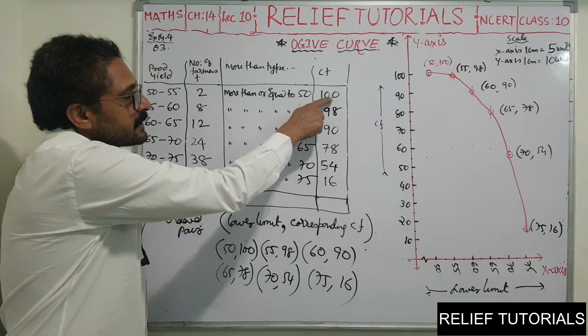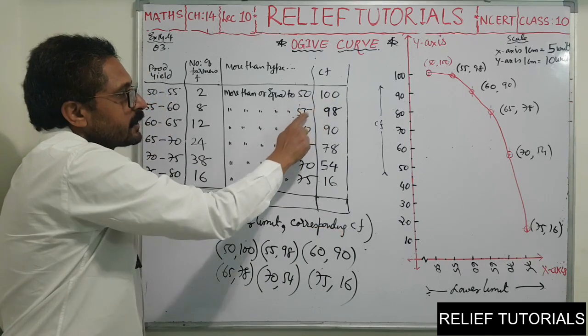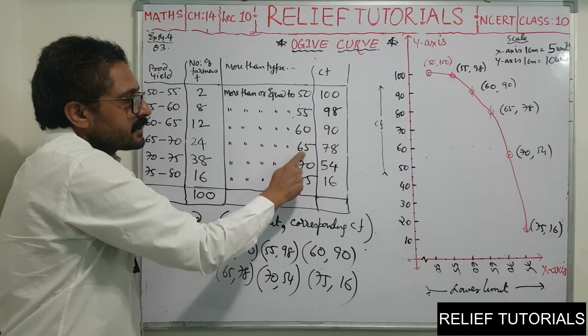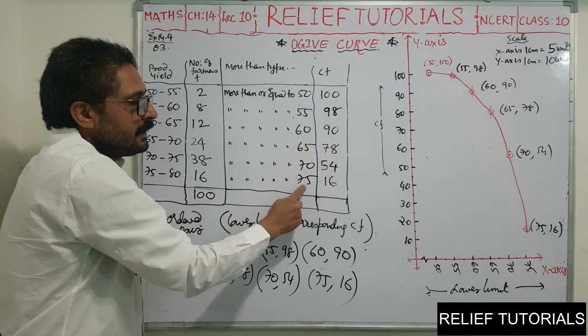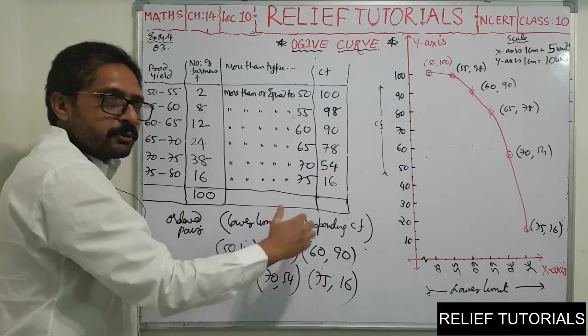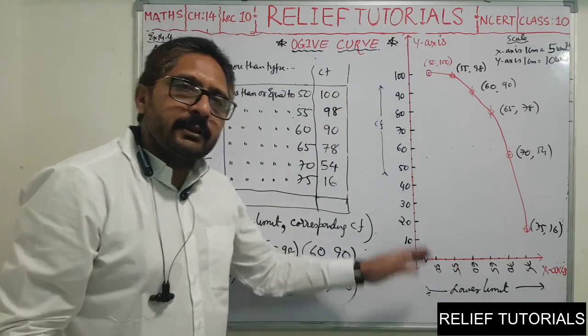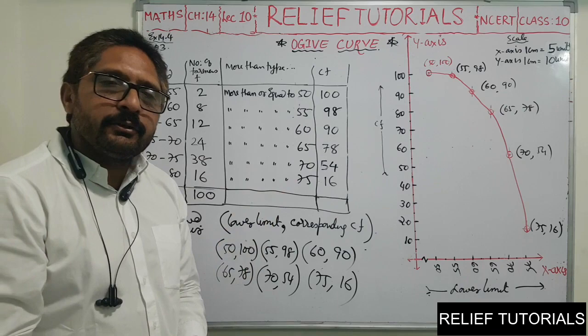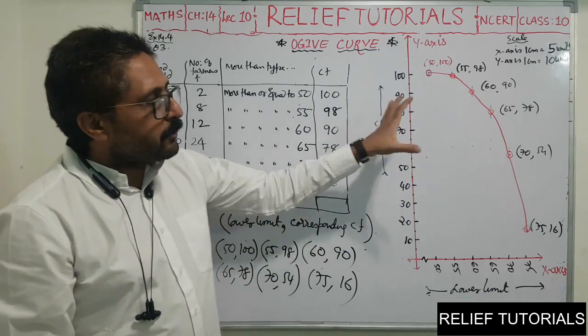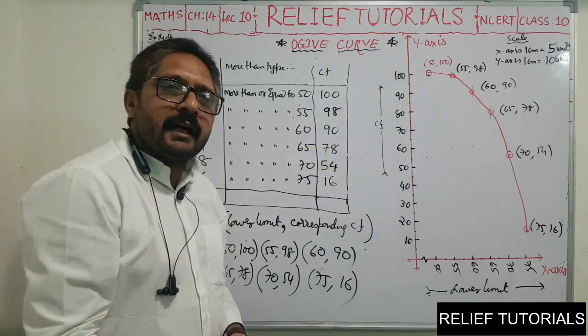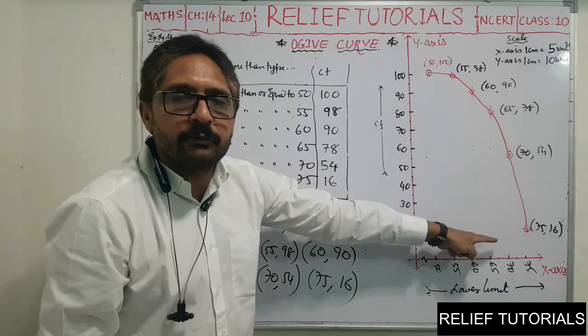Just plot the points and join them with free hand, you will get the more than type cumulative frequency curve.